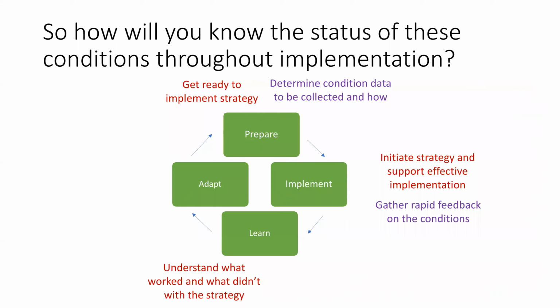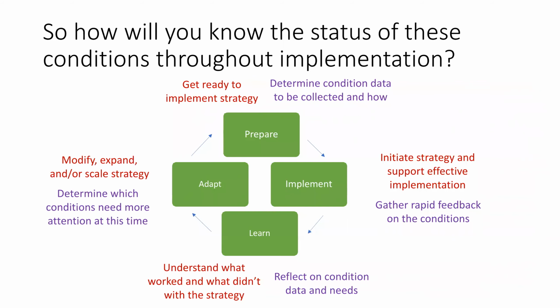How are we doing relative to the conditions, and what didn't work with the strategy, but also then reflecting on those condition data and needs so that we can really identify what may need to be modified, expanded, or perhaps scaled with the strategy because we know what's working. And at the same time, we determine which conditions need more attention as we move into the next cycle.